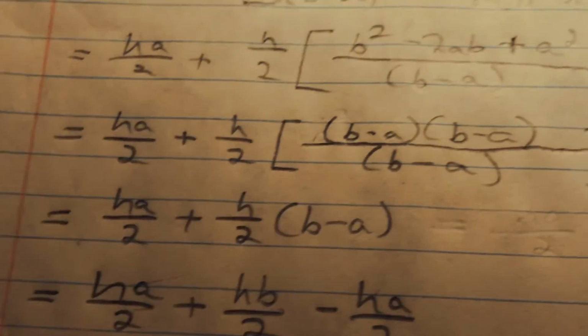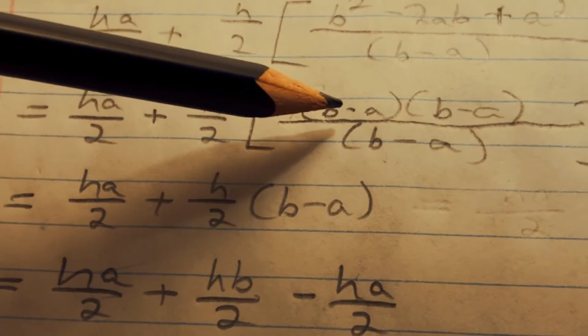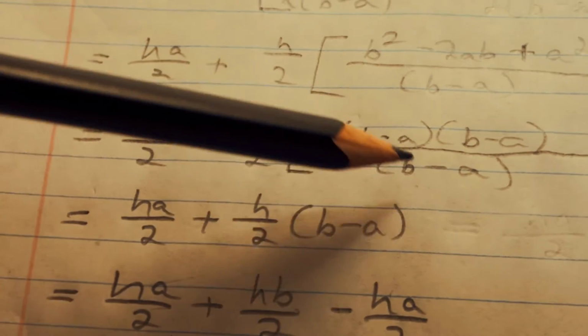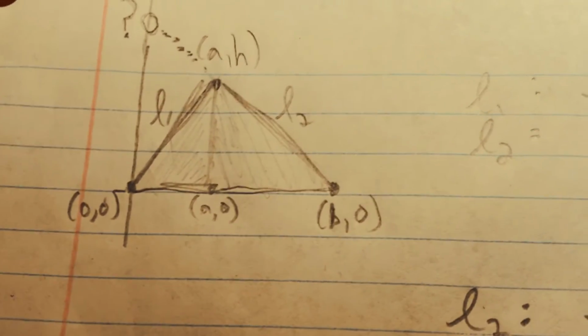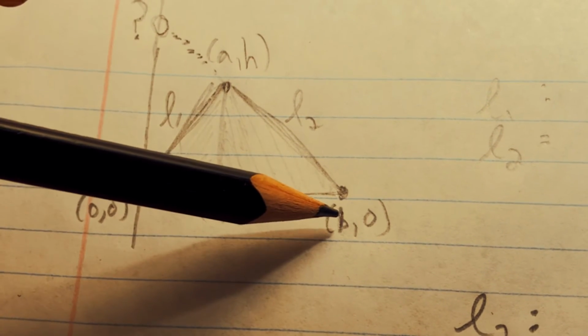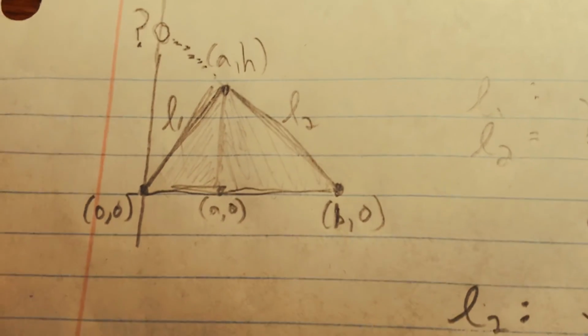After that, B minus A and B minus A cancel out. This is acceptable because earlier we defined A as a number less than B. All this would be different if A was equal to B.